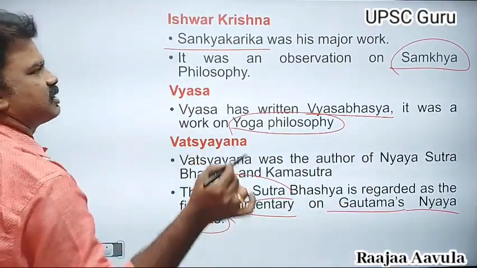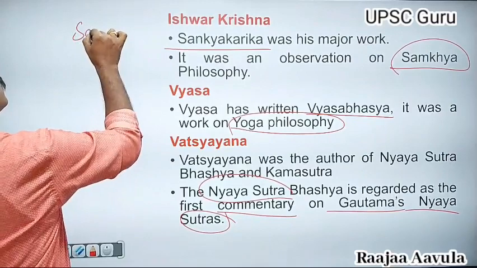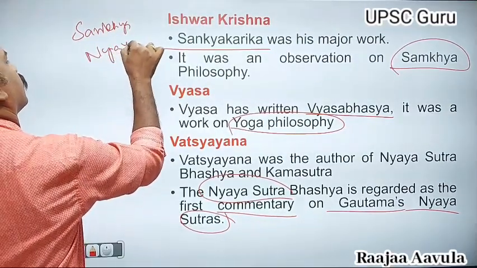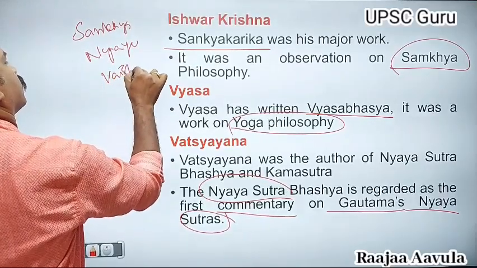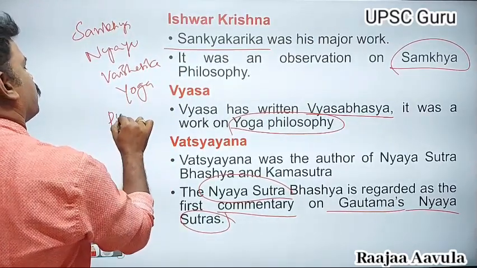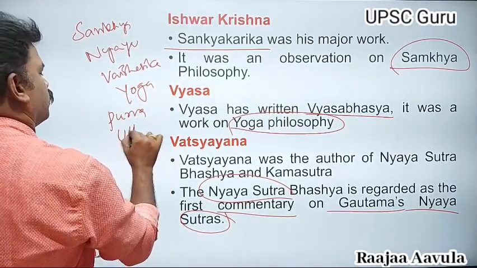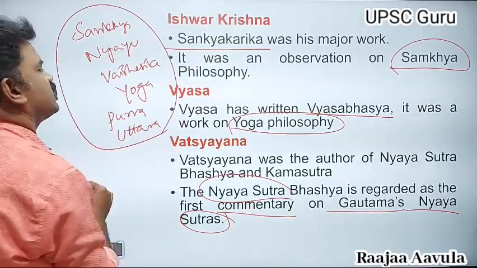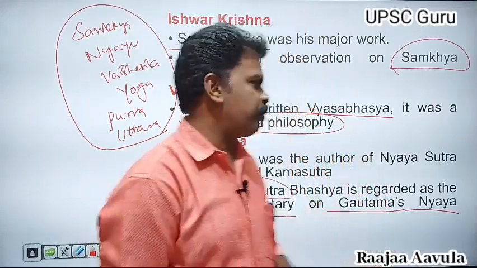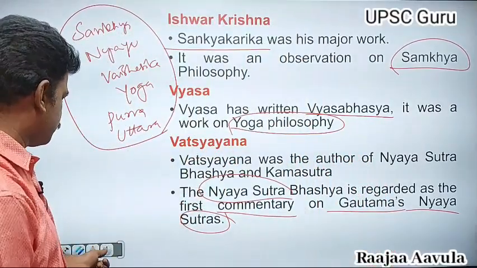The 6 philosophical schools are Sankhya, Nyaya, Vaisesika, Yoga, Purva Mimamsa and Uttara Mimamsa. All these 6 philosophical schools became very famous during the time of the Gupta period. So this is about the development of literature in the Gupta period.